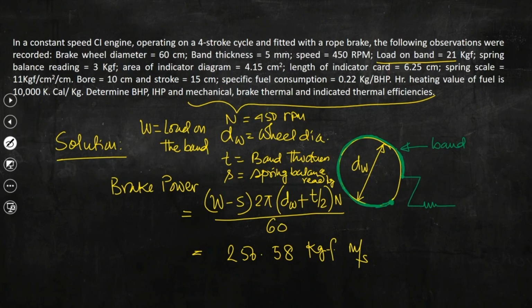I am writing over here, 1 horsepower equal to 75 kg force meter per second.